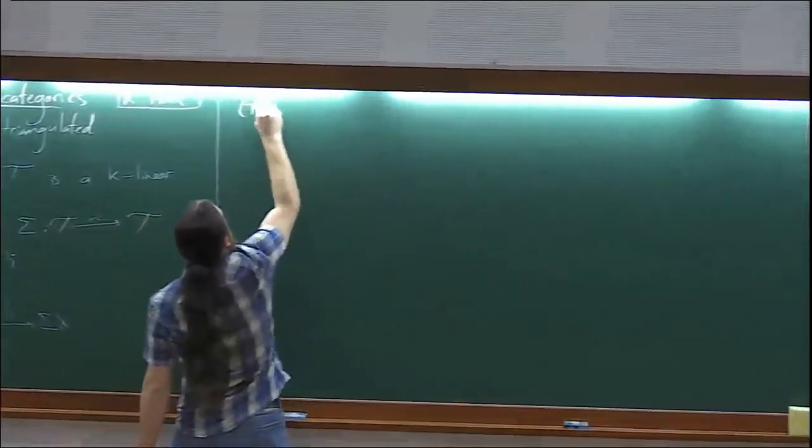So the first axiom is that there's a certain minimum number of triangles, if you will.